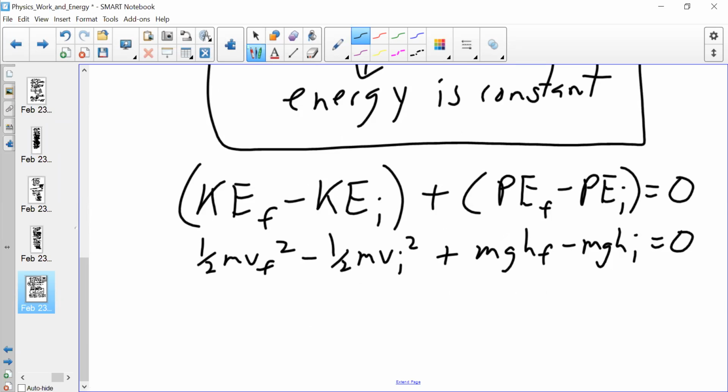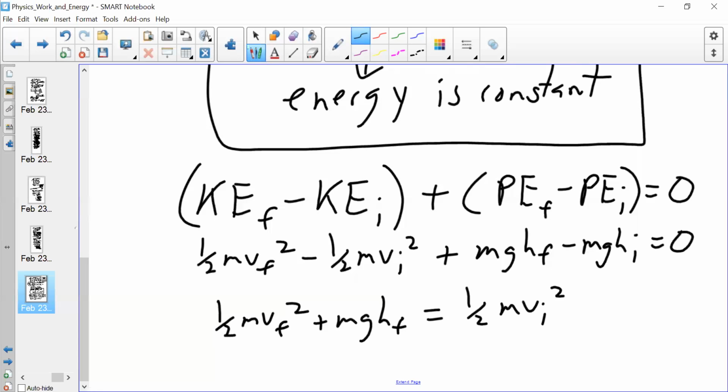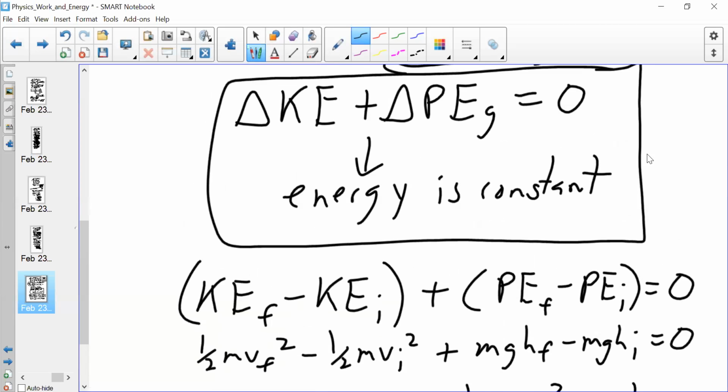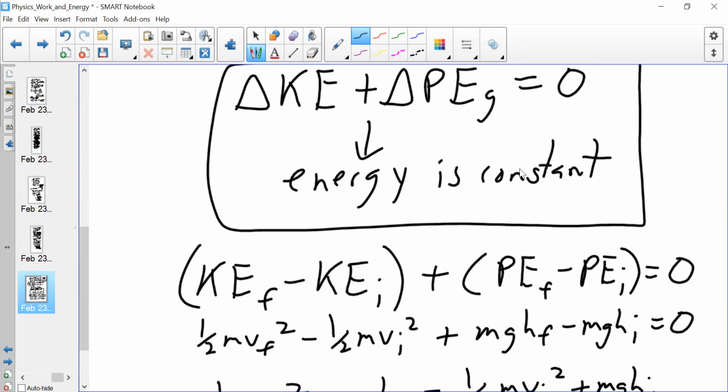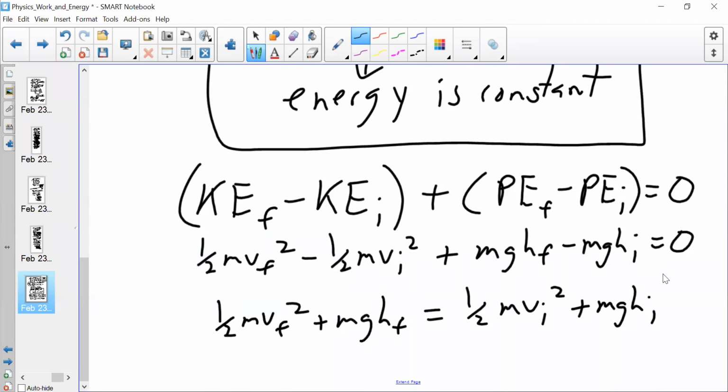And so what we had is equals. And so what we basically come up with, from this conservation statement that the energy is constant, is that mathematically the energy in the beginning, I'll just call this E sub I, is going to be the energy in the end.